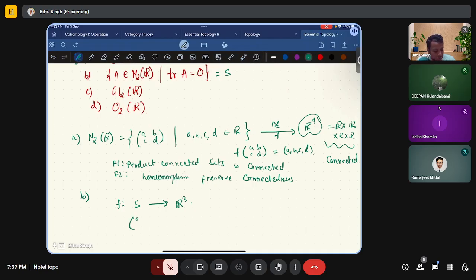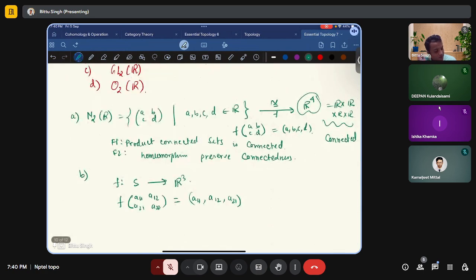So send a11, a12, a21, a22 to a11, a12 and a21. So I am removing a22 because a22 is dependent. So the fact is that this is a homeomorphism.